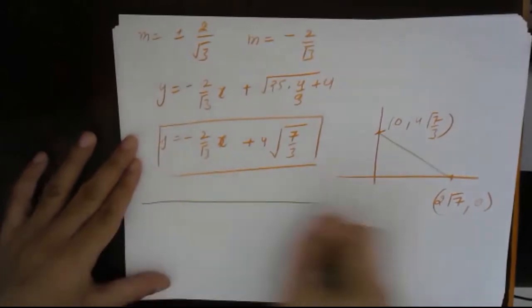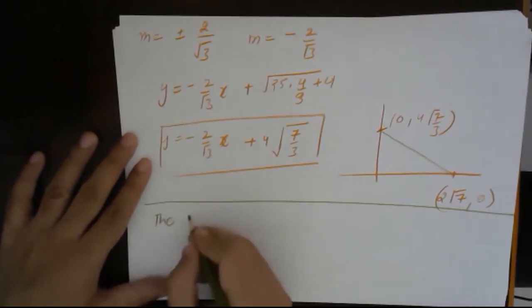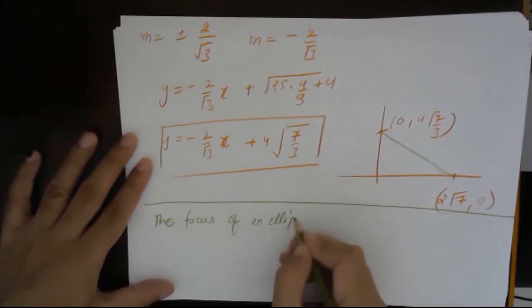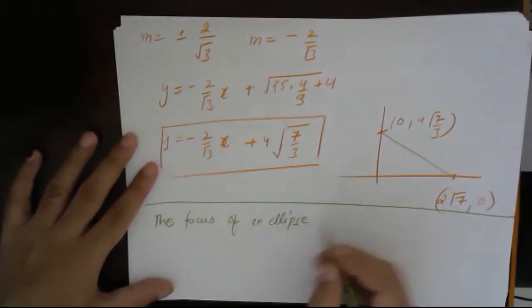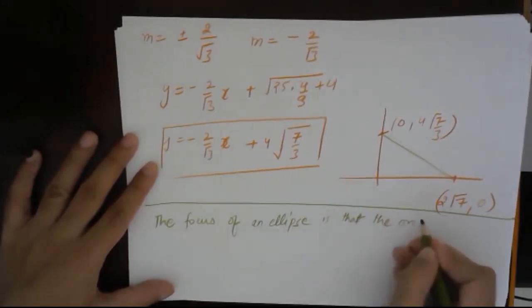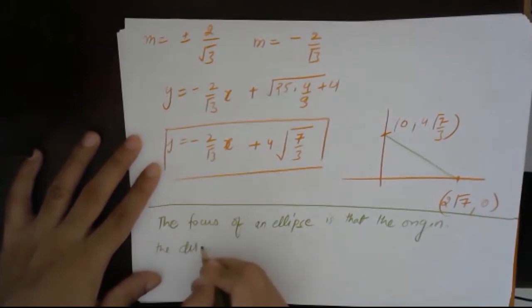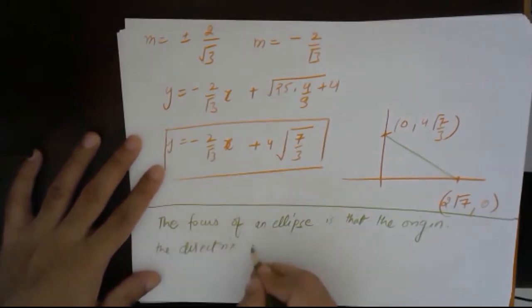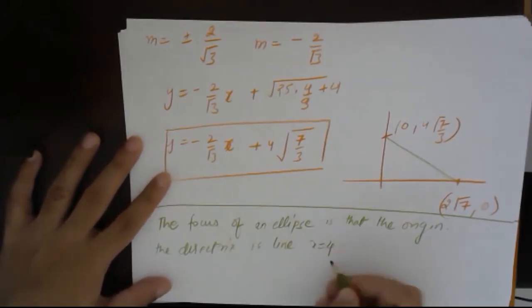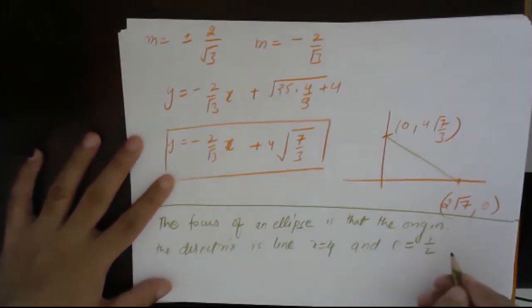I'll write the question here only. The focus of an ellipse is at the origin, the directrix is the line x equals 4, and the eccentricity e is 1 by 2.